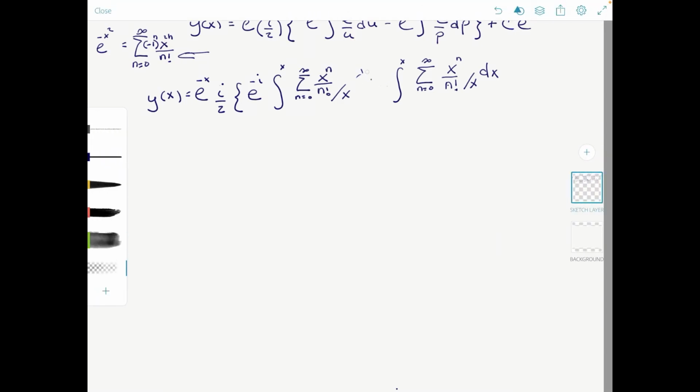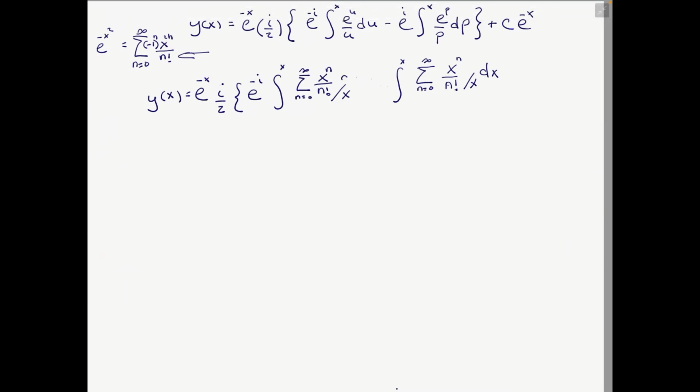Let's rewrite this a little bit. Again, you have to be careful. There we go. And I think this does it. And so what we end up with is this. And now there are various ways we can go with this integral.